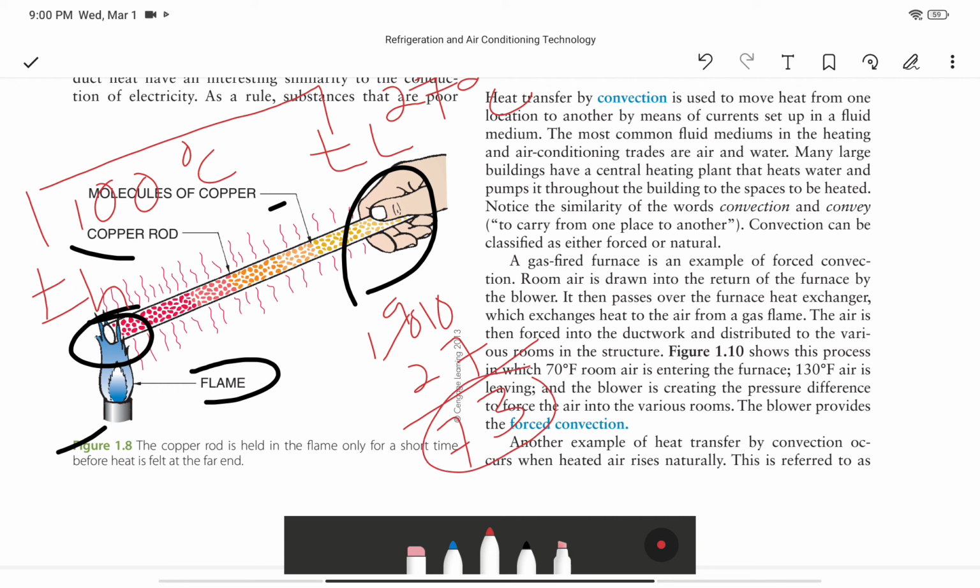So this 73 Celsius is what we call the temperature difference. That is the driving force, according to thermodynamics, of heat transfer by conduction.